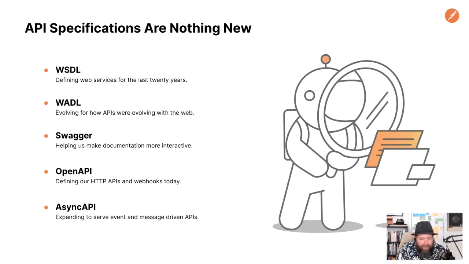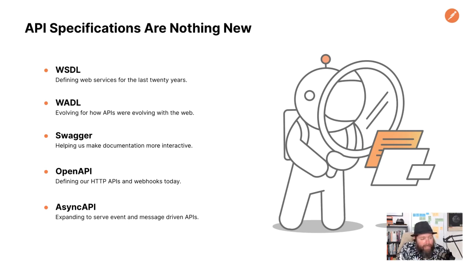By 2015, Swagger had grown. It was at version 2. And it was put into the Linux Foundation, creating the OpenAPI initiative to move forward the spec and rebranding it as OpenAPI, helping us describe our HTTP APIs and webhooks for the last 5-6 years, providing a cornerstone of how we define, design, deliver, deploy, and deprecate our APIs.